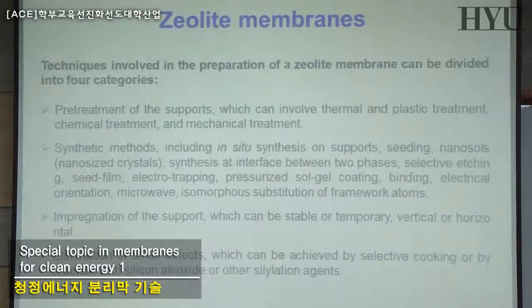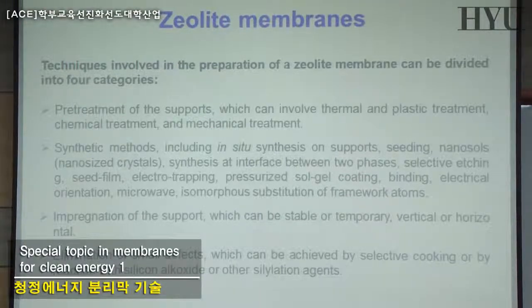Anyway, there are a lot of advances in making zeolite membranes. Preparation of zeolite membrane has been categorized in four ways. First of all, you have to treat the support. You have to have a support anyway, right?